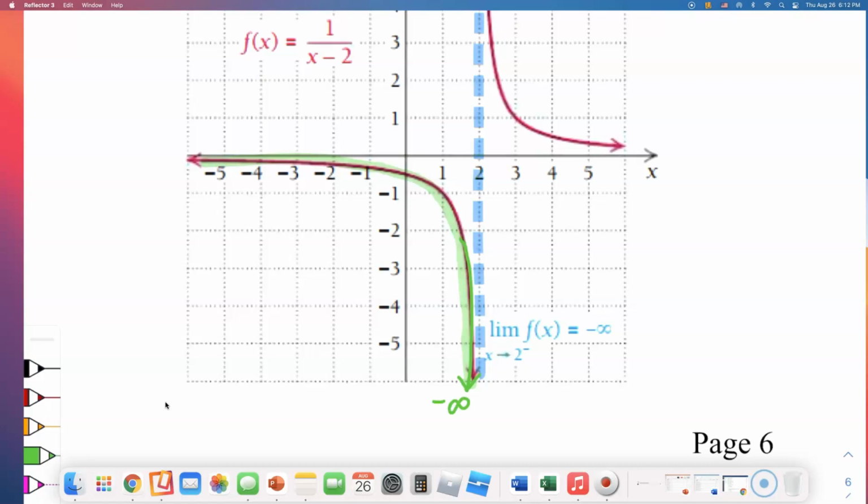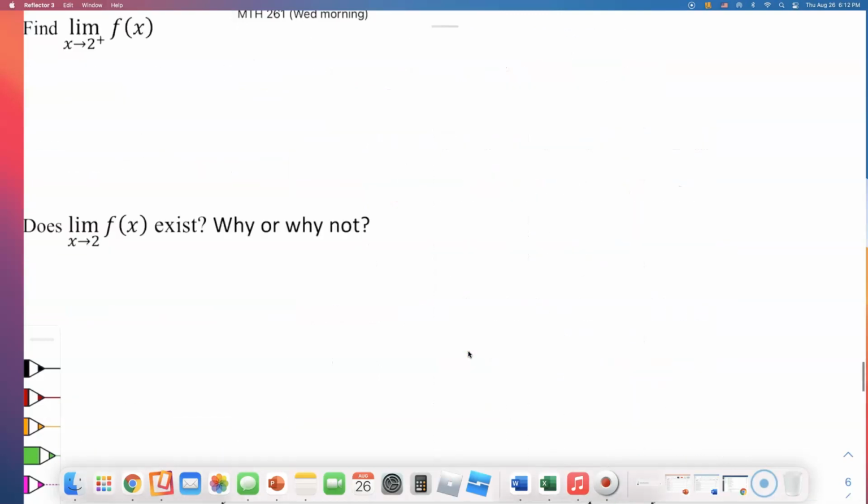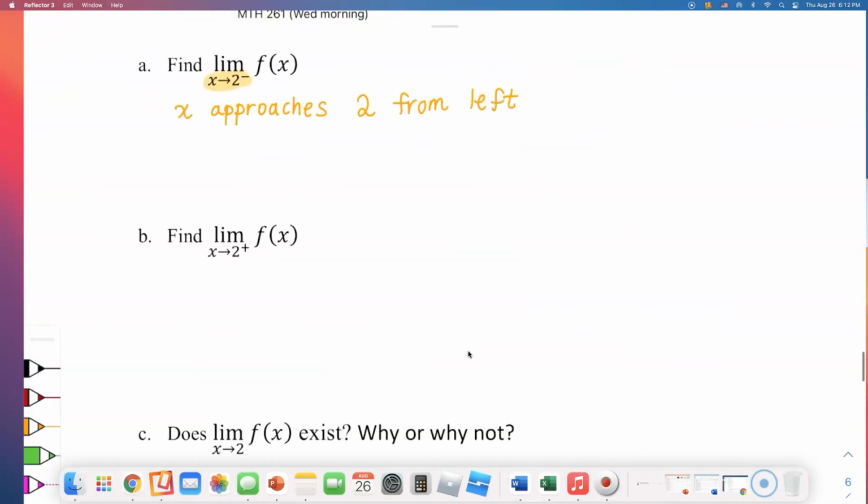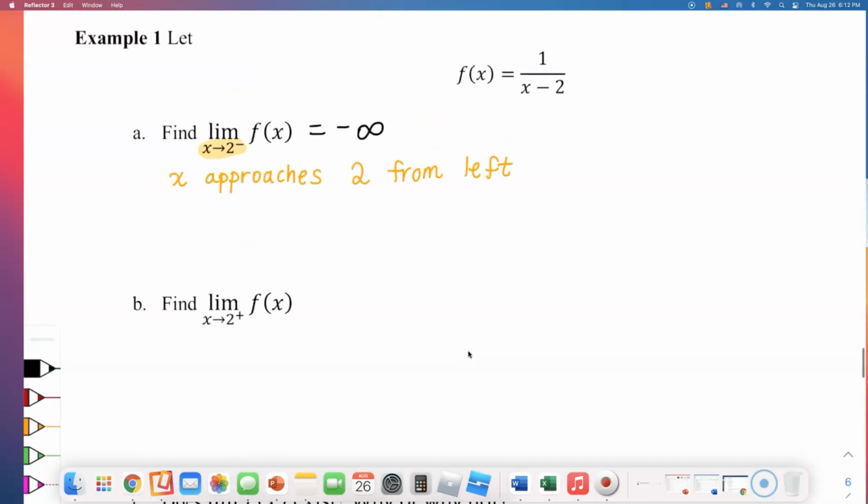Negative infinity. So as this piece of the rational function approaches the vertical asymptote 2 from the left, it goes straight down to negative infinity. So graphically, the first answer is that the limit equals negative infinity because it goes down.